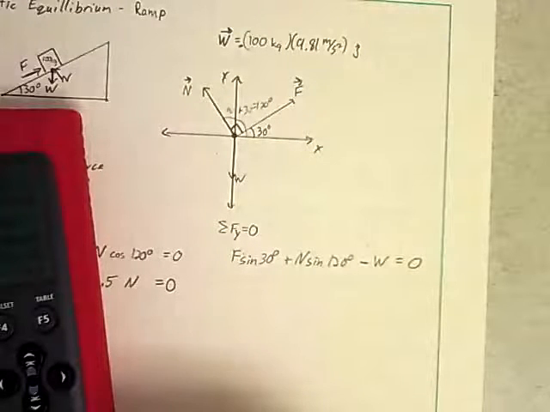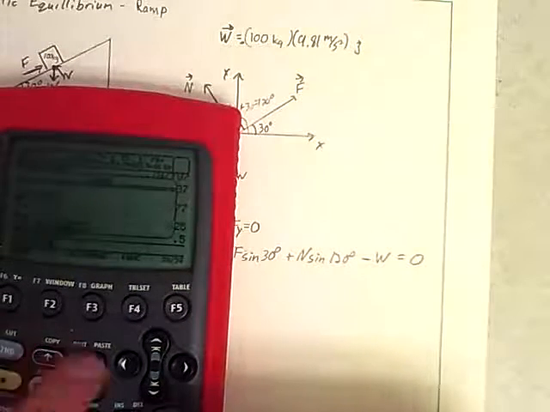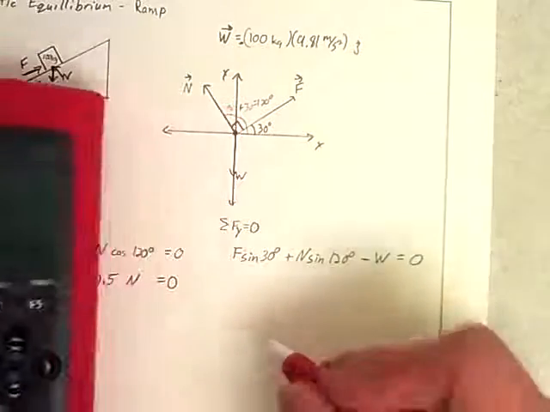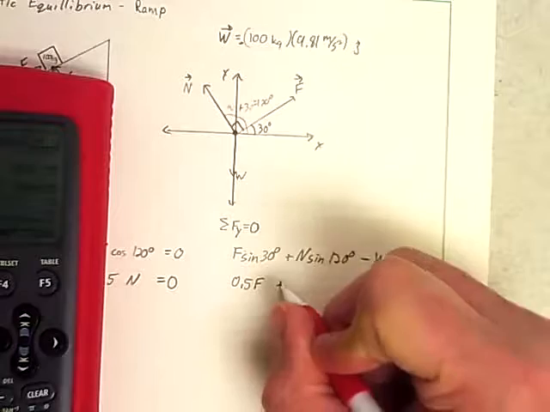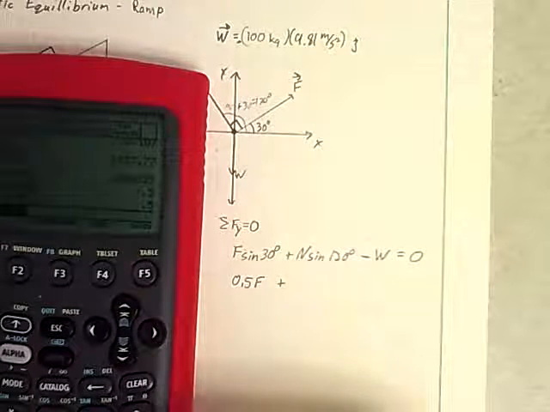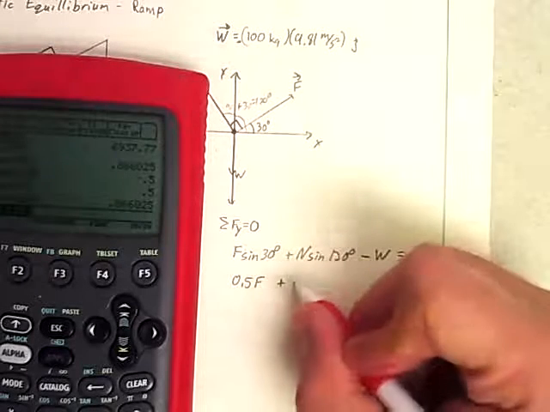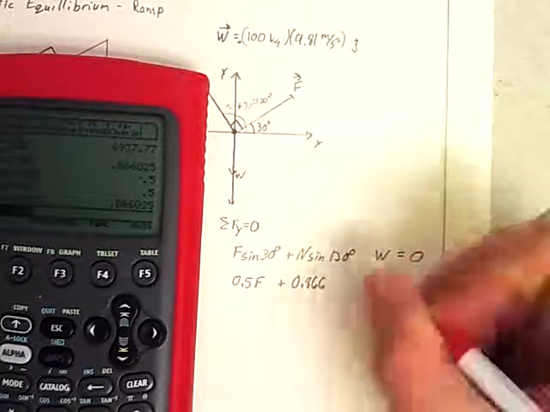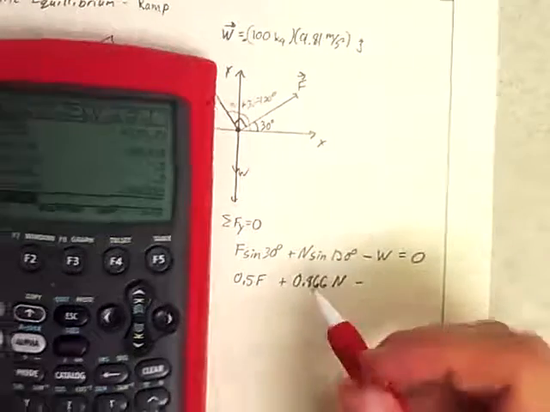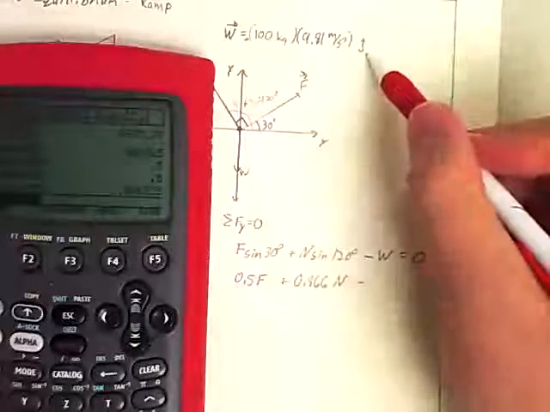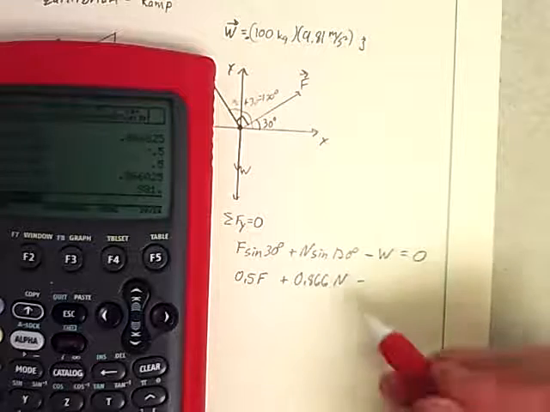Sine of 30 is 0.5, so 0.5 times F, plus sine of 120, which is 0.866, times N, minus, for W, 100 kilograms times the acceleration due to gravity, 9.81.